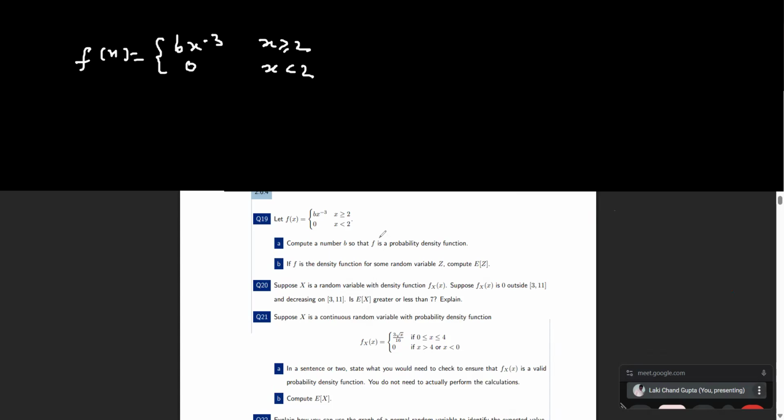You have to find the value of b so that f(x) is a PDF. You know, if f(x) is a PDF, then the integration will be equal to 1, right?